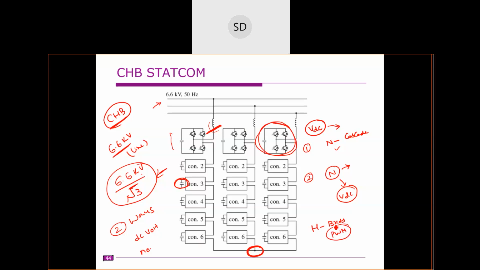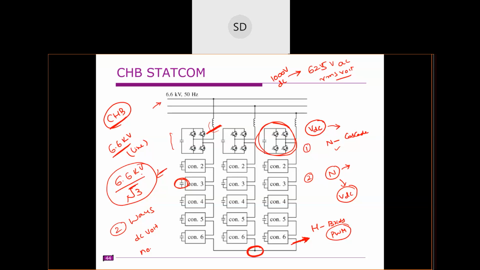But as a rule of thumb, if you give 1000 volts on the DC side and you are operating this H bridge inverter in unipolar mode, you will obtain 625 volts AC RMS voltage on the AC side. Clear?